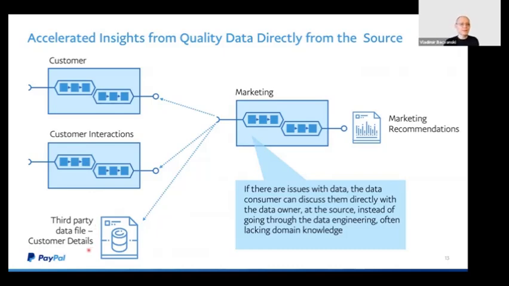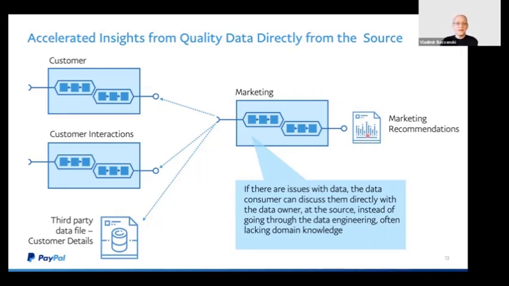So we obtained a third-party data file that gives additional detail about the customers, maybe from some of the e-commerce stores and so on. And now the marketing platform can use the data produced by the customer platform, customer interactions, and these third-party files. They will be using this data, transform it to do the various processing, and they will create their data product, which is the marketing recommendations for individual users.